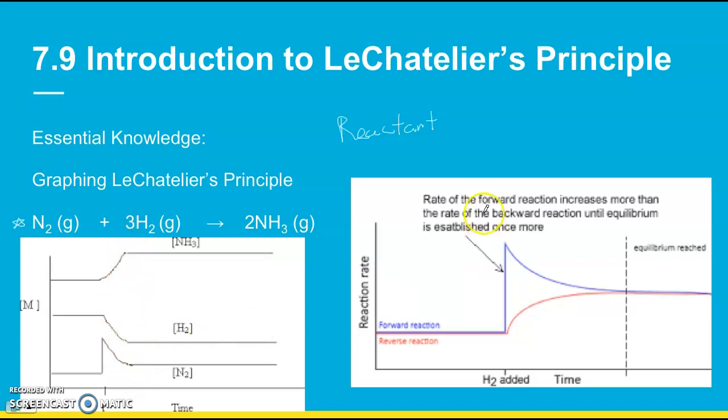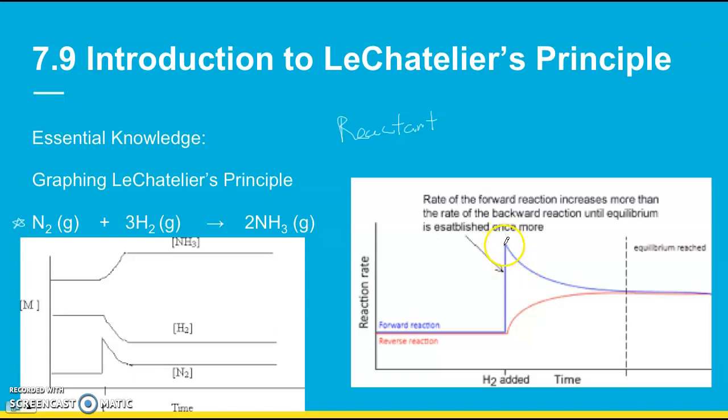Okay. In the case of rate versus time, it's the same concept, but remember at equilibrium, the rate of the forward reaction and the rate of the reverse reaction are equal. So here we're at equilibrium. At this time right here, hydrogen is added. So again, the reaction will shift to the right to get back to equilibrium.